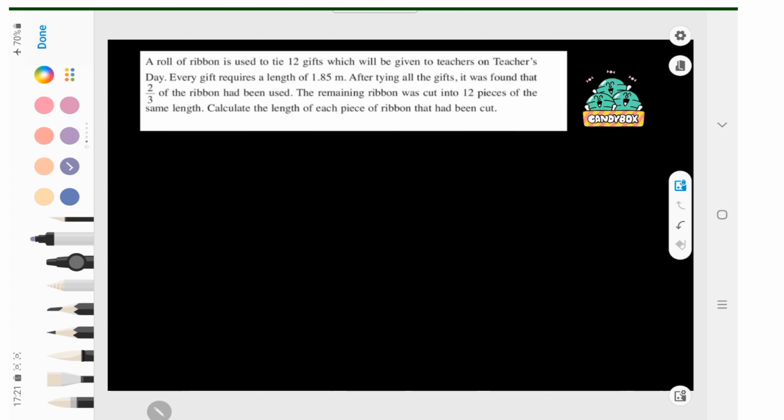So first we have to find out how much we have to use to tie the gifts for teachers. So 12 times 1.85 meter, because one gift requires 1.85 meter. So we have to know how much ribbon 12 gifts require.